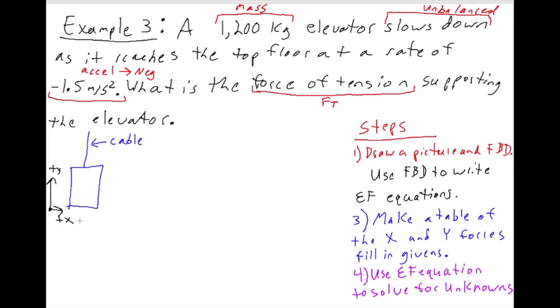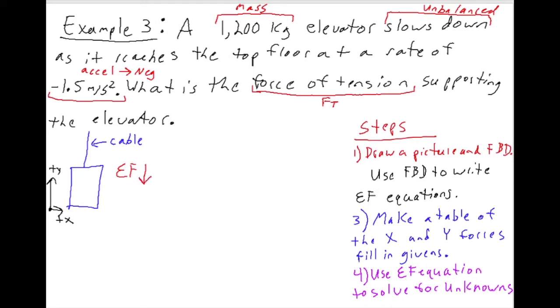In this case, there's not going to be any x forces because my elevator only moves up and down. My problem told me that I had a negative acceleration, which means that I'm going to have a negative net force. If I'm looking at my origin over here, up is the positive direction, so my net force is going to end up pointing downward because that's considered the negative direction.